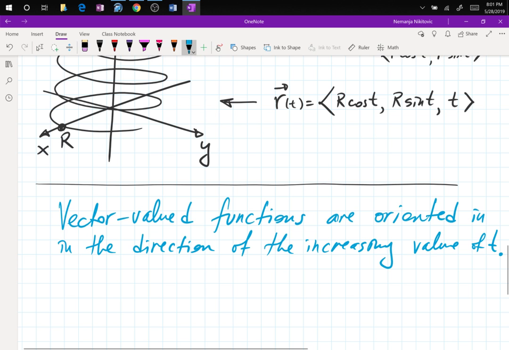You will need to know the orientation as well. And all of the definitions and theorems will mention that you need to have counterclockwise and so on.